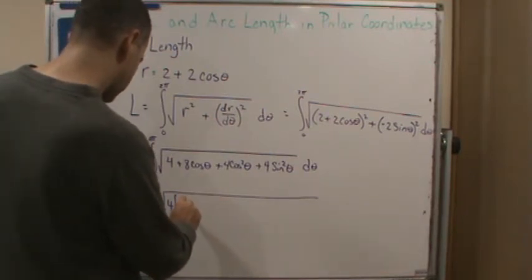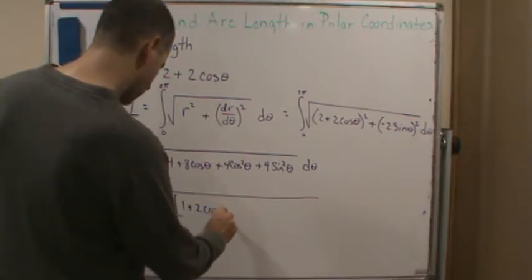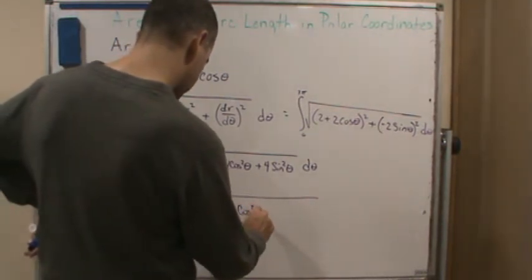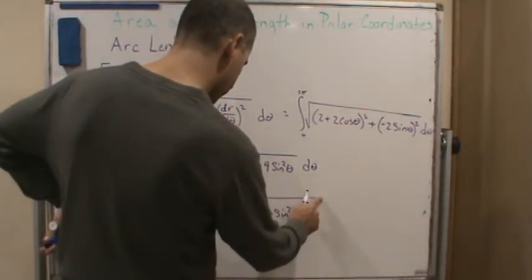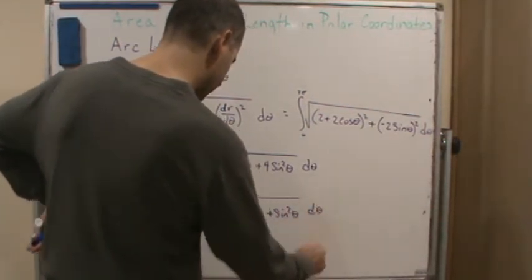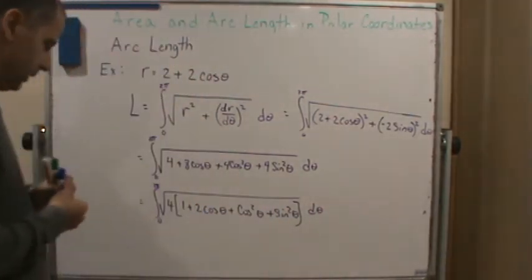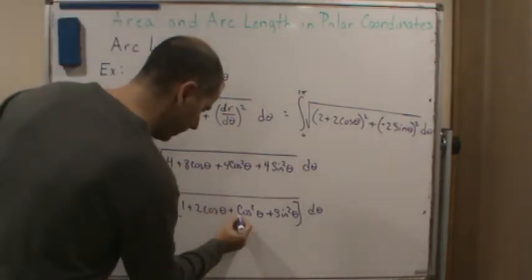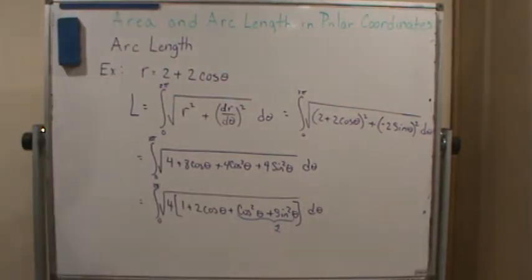And I'm going to have 1 plus 2 cosine theta plus cosine squared theta plus sine squared theta, d theta. Now again, I've got my 1, so this here I can group and make that 1. That's no problem.